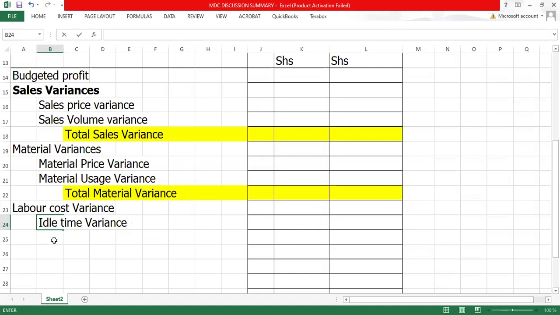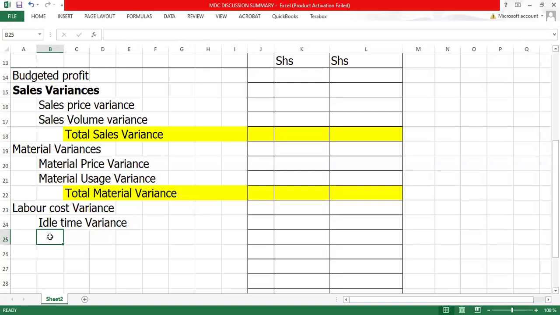Idle time will always be there in a scenario where you find that the total actual time worked is different from the total time paid. Okay, you have worked for let's say 100 hours, but the company paid for let's say 90 hours.